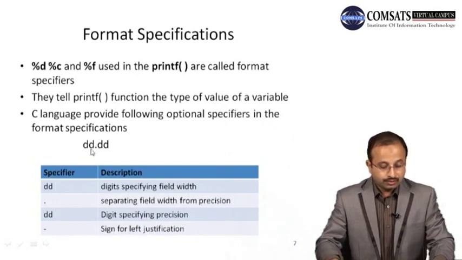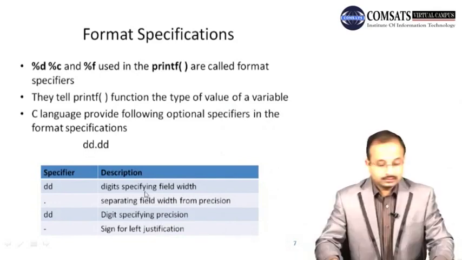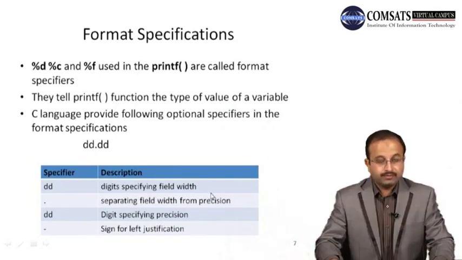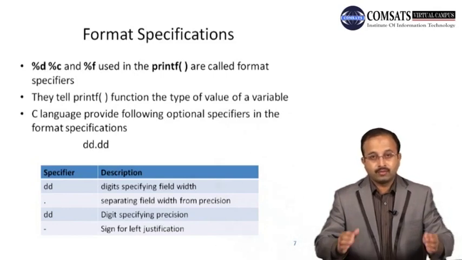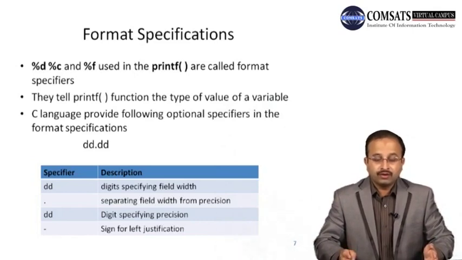First, the digit on the left side of the dot stands for the digit specifying field width, that is, how wide the field of the value to be printed will be. So it could be possible that I arrange the width as 10 and the value going to be printed contains only 3 digits.